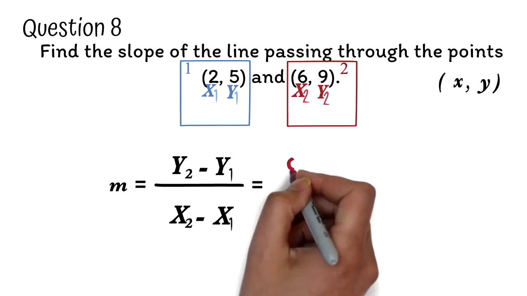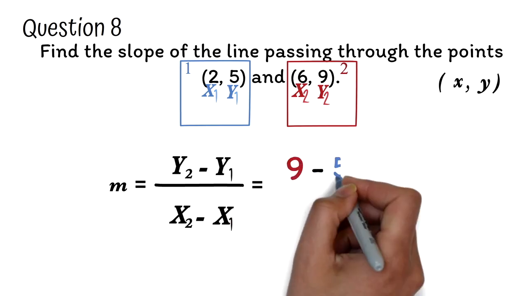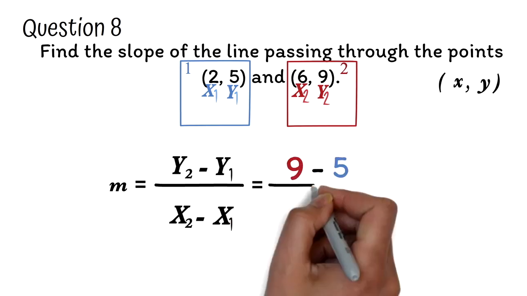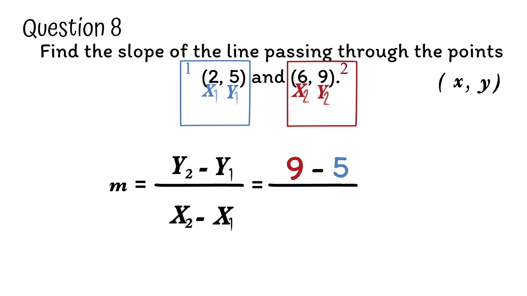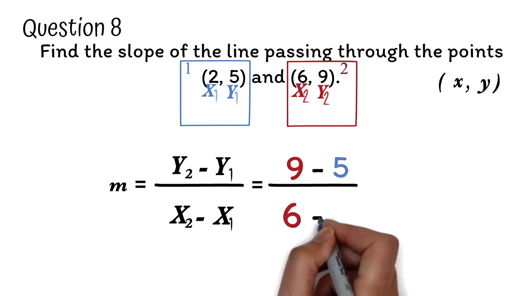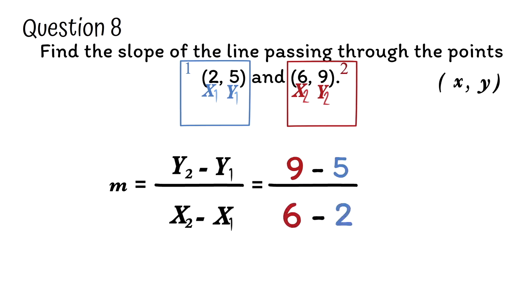We have 9, which is y2, minus 5, which is y1, divided by 6, which is x2, minus 2, which is x1. We simplify. 9 minus 5 is 4, over 6 minus 2, which is also 4. 4 divided by 4 is 1. So the slope is 1.